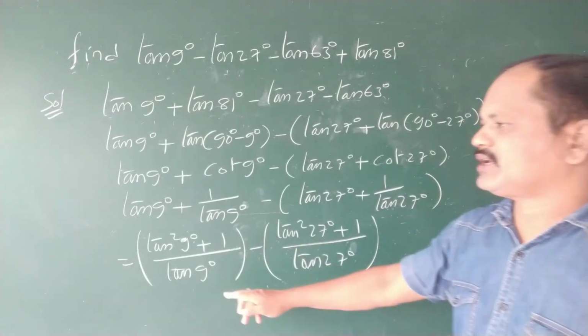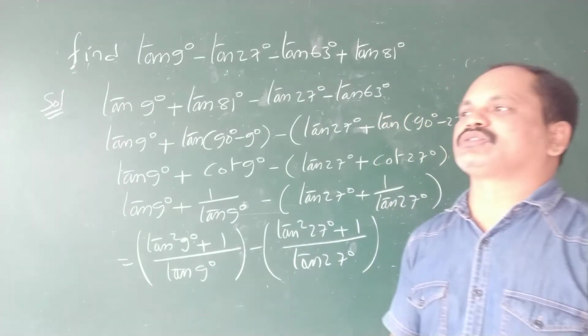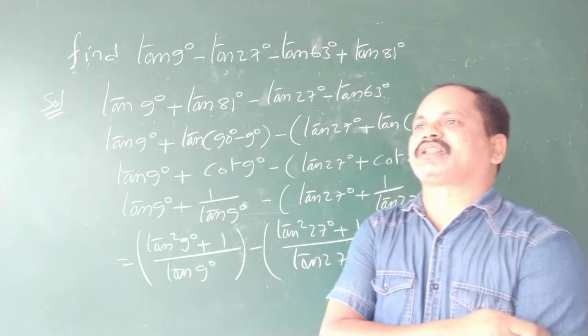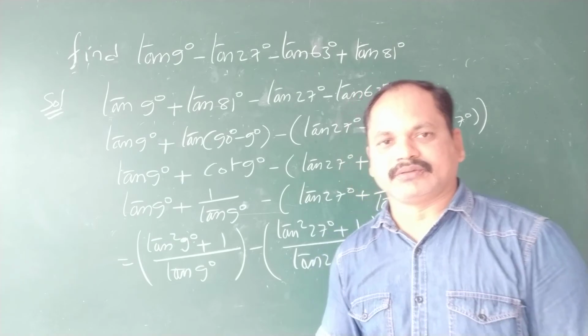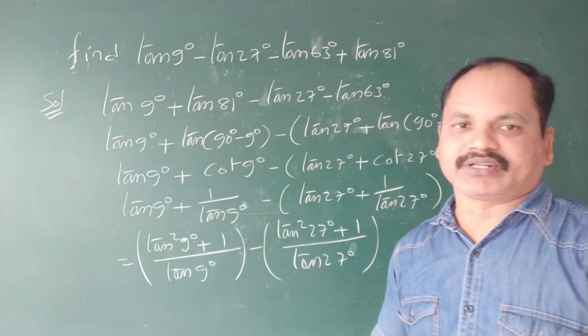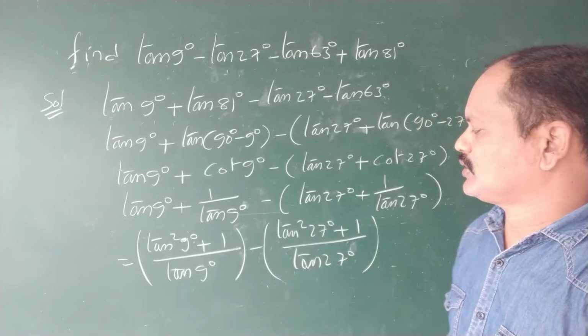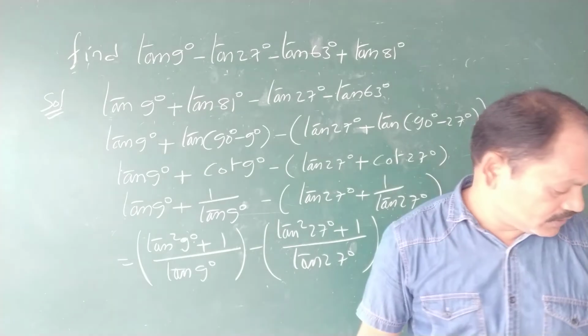That's why this is nothing but cosecant 2 theta. Since sin 2 theta is 2 tan theta by 1 plus tan square theta, then 1 plus tan square theta by 2 tan theta is nothing but cosecant 2 theta. That's why we have to divide and multiply by 2 for these two.